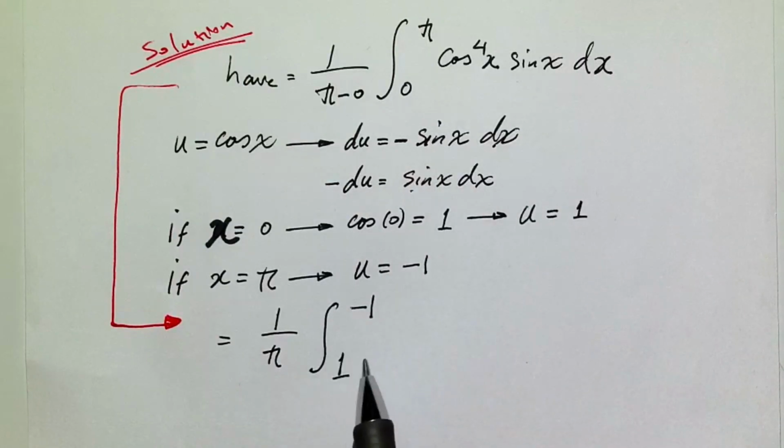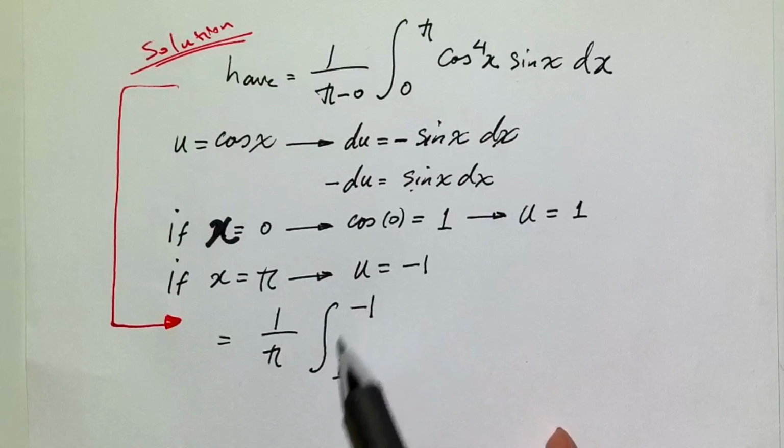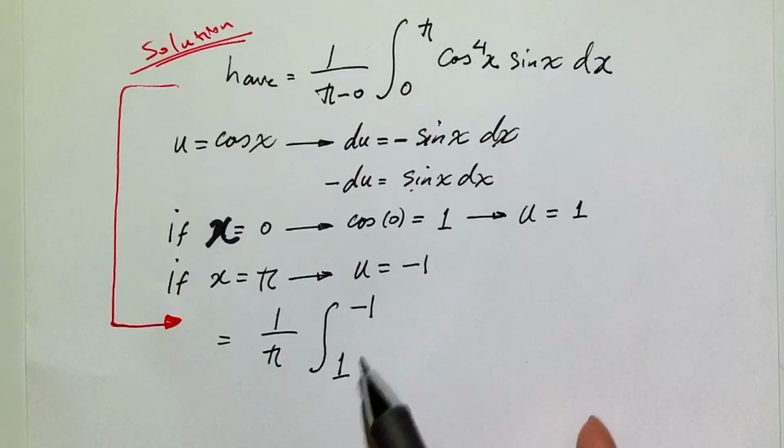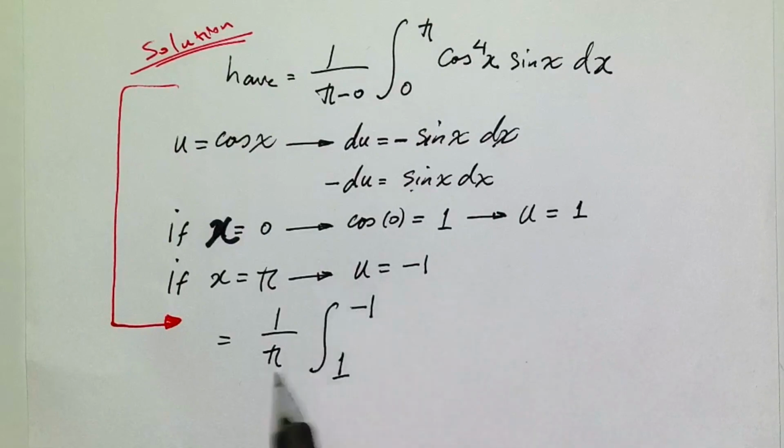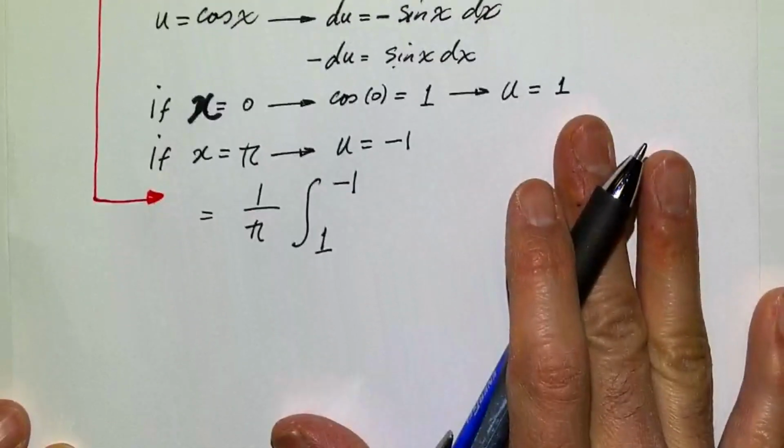But if we leave the integral like this, the upper and lower limits are not correct. The lower limit should be smaller than that.